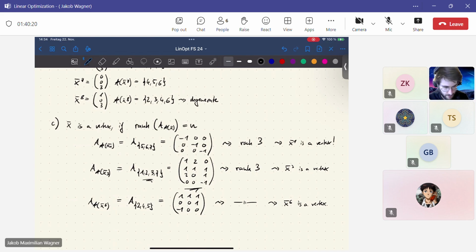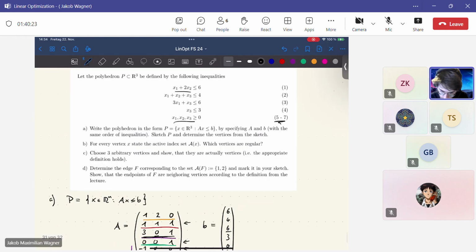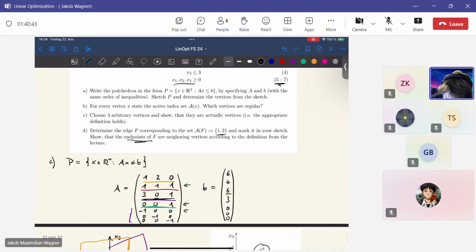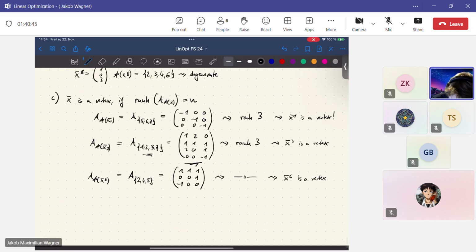And the remaining task is to show that the index set 1, 2 actually determines an edge, and we should mark it in the drawing, and we want to show that the endpoints of F are neighboring vertices. So first of all, what's the meaning of this active index set of the edge F?